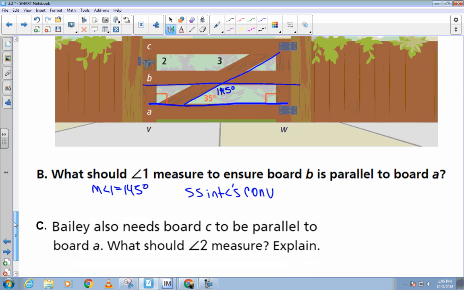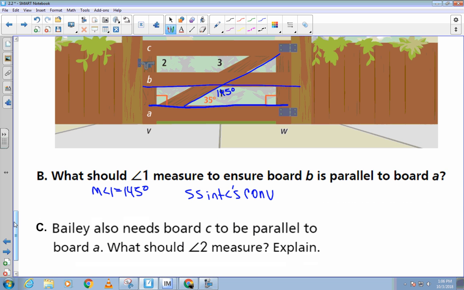Okay. Bailey also needs board C to be parallel to board A. So here is C, and she wants it to be parallel to A. What should angle 2 measure?